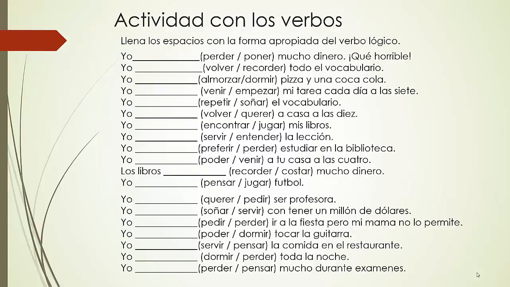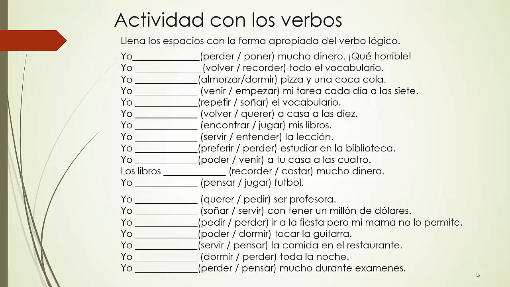Okay, more work with these verbs, and this is another part of your participation points. You'll have to pause the video on this section, and this is how I'll test this. I'm going to give you a verb or a sentence with a blank in it and some verbs to choose.